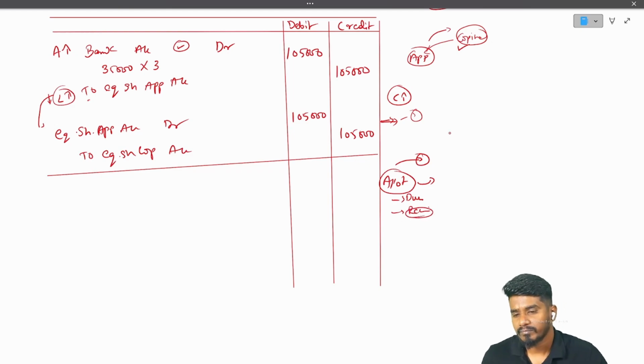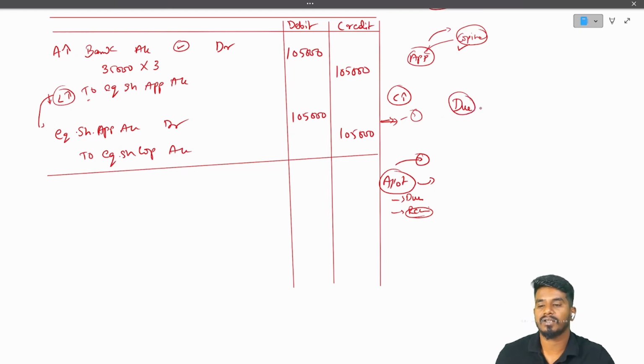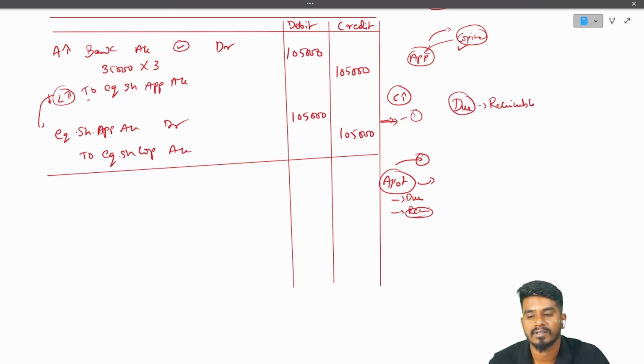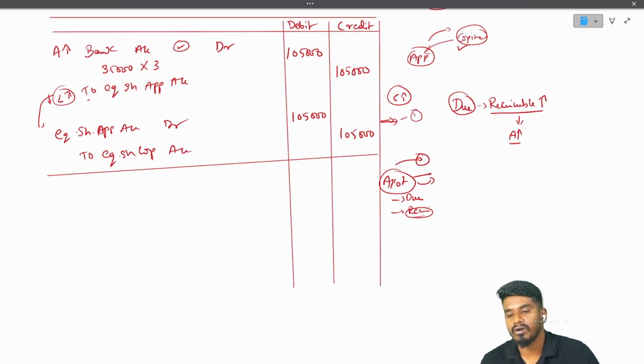Right. So if we are making it due, it will be receivable for us. So receivable increases, correct? What is receivable for us? It is an asset. So asset will increase. If we make allotment due, it will be an asset.